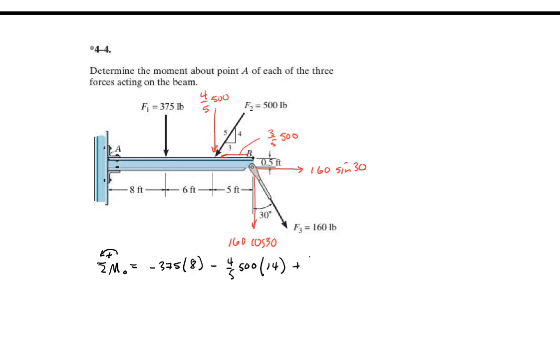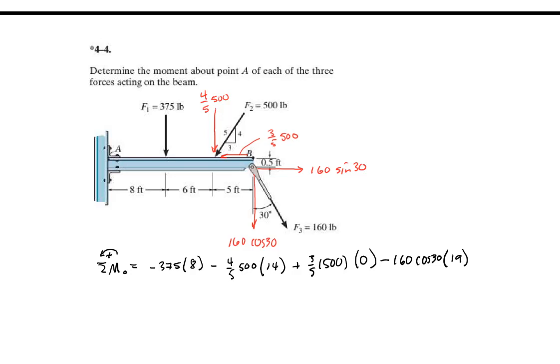So that's plus 3/5 times 500, and the lever arm is 0. Alright, let's look at the other two components. I also have this 160 down here, so I'll say that that is negative 160, and the magnitude is cos 30. The lever arm is going to be the 14 plus 5, so that's 19.